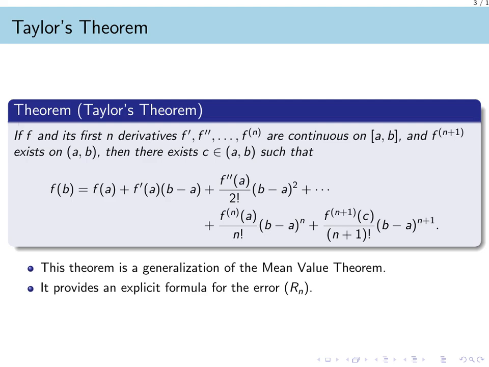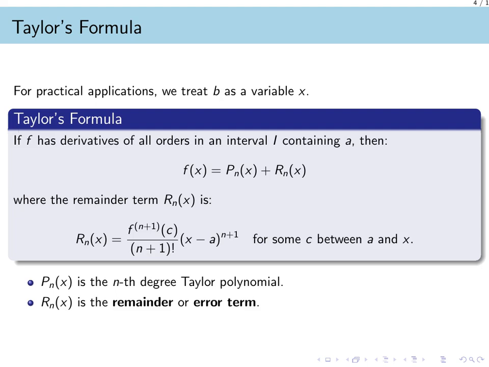The essential takeaway here is that Taylor's theorem provides an explicit formula for the error term when approximating a function with its Taylor polynomial. We can now state Taylor's theorem in a more practical form, which is essential for understanding the accuracy of our polynomial approximations.